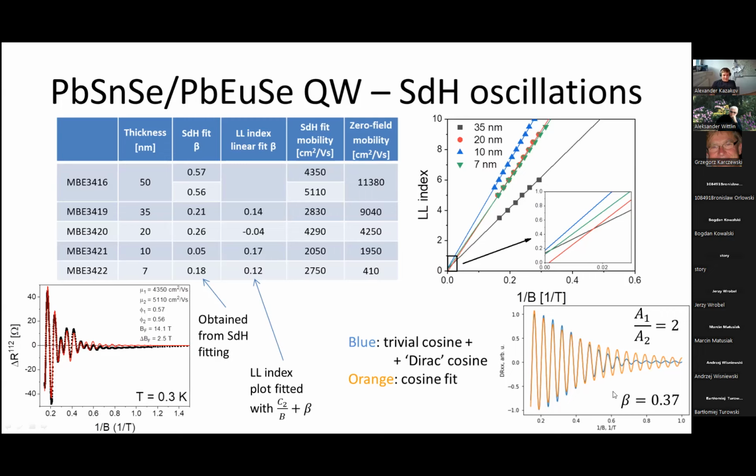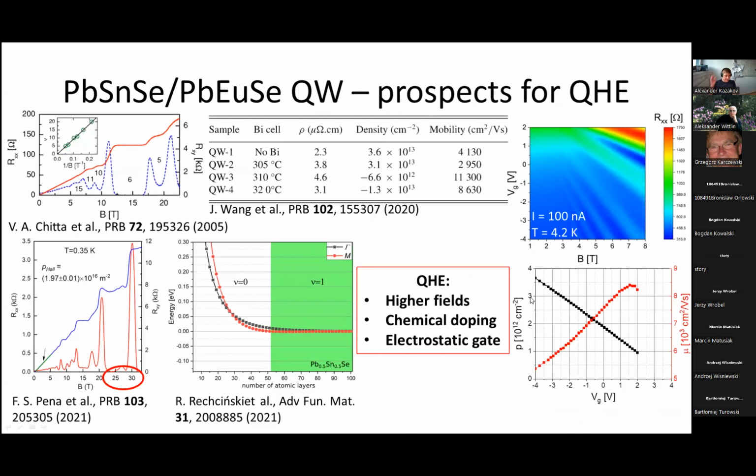And one can get the phase shift of this single cosine fit to be more or less any value, depending on the ratio of the amplitudes of the two input cosines. So the doubling of the FFT peak for 10 nanometer indeed can be a signature of two frequencies with different Berry phases, but it is still work in progress to check it.